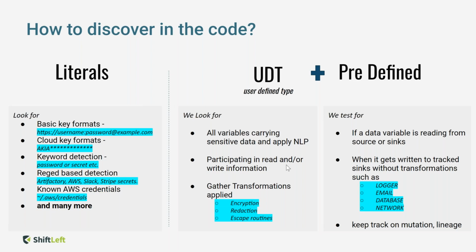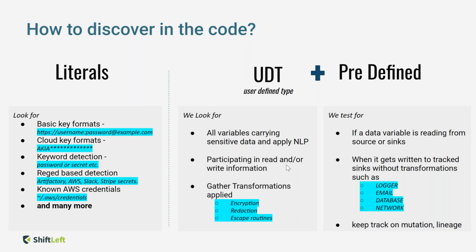It could reside in a database or a storage of some means. It could be transmitted back over the network. So that API could be an example. It could be transmitted back to the user over HTTP or HTTPS. So you need to keep track of this entire thing so that you know where the sensitive data is, what it is going through, and whether it is being secured properly.